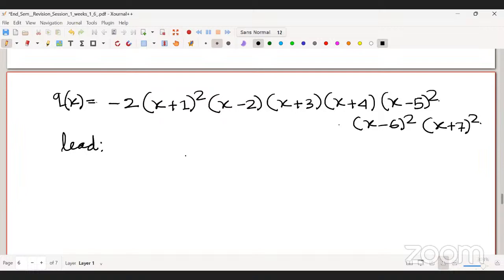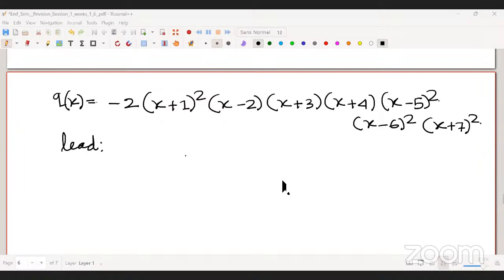So we will get minus x to the power 11. Minus 2 to the x to the power 11. Correct. So we will multiply it to the root x minus 2.